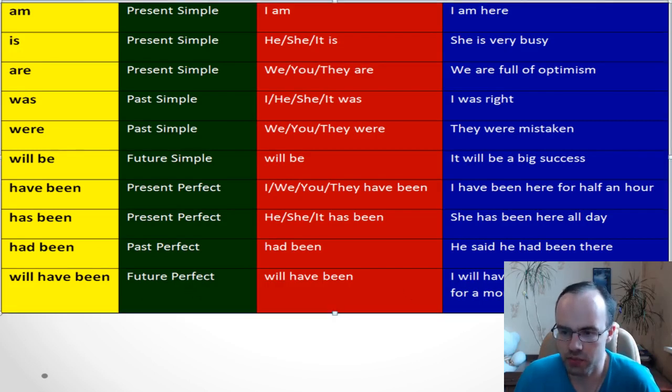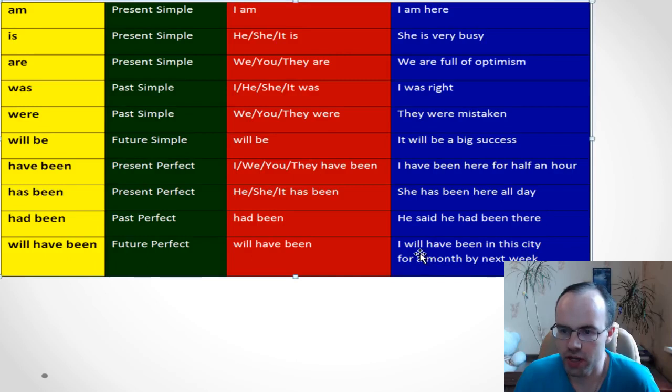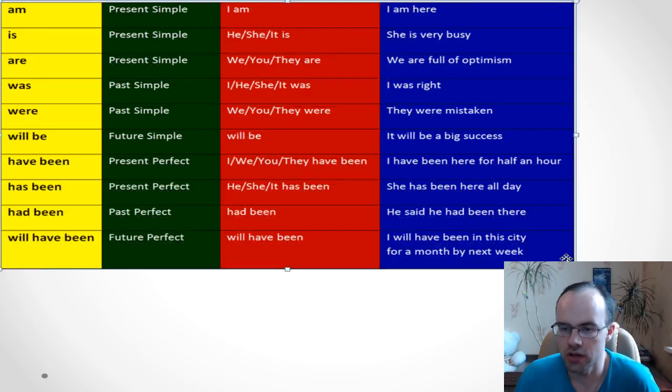Look at this example. So I will have been in the city for a month by next week. So you can say, for example, I will have been staying in this city for a month by next week. It's also possible. So will have been plus verb plus ing, future perfect continuous, will have been plus staying.